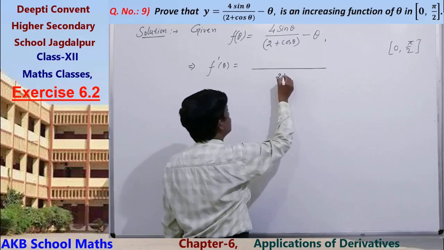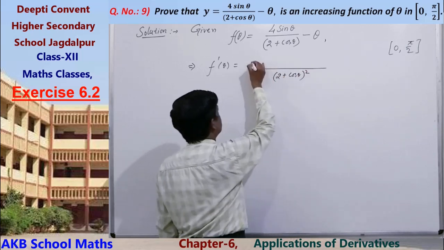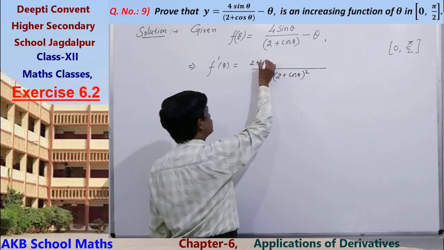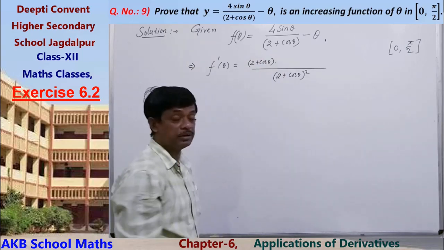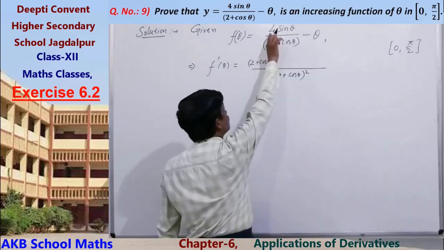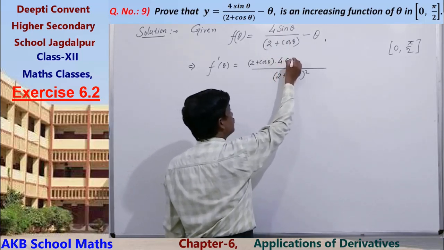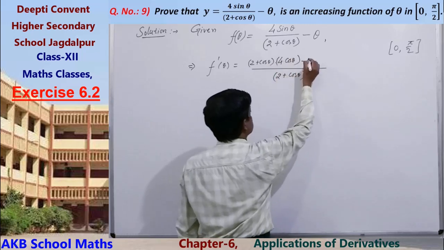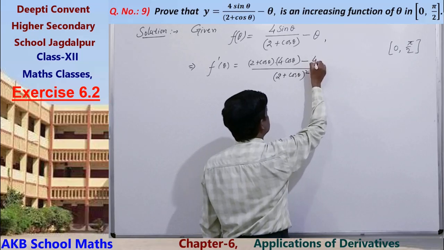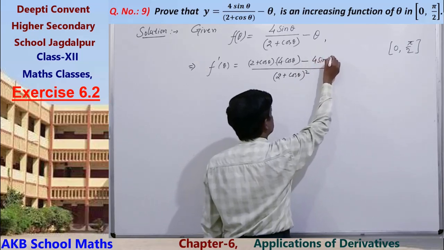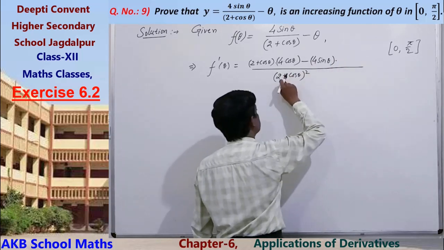Denominator square, denominator 2 plus cos theta into the derivative of numerator, that is 4 sin theta, derivative is 4 cos theta, minus numerator, that is 4 sin theta, into the derivative of denominator.